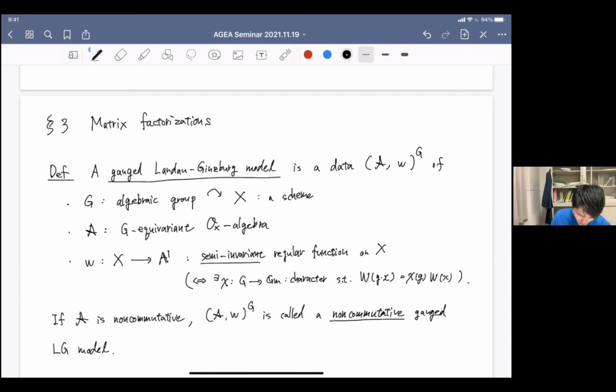And if the OX-algebra A is non-commutative, then sometimes we call it a non-commutative gauged Landau-Ginzburg model.